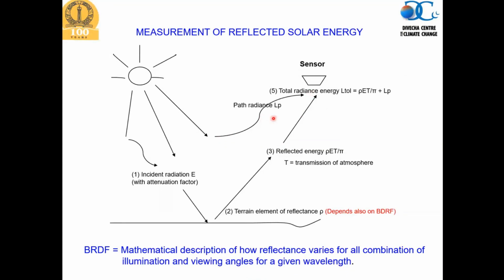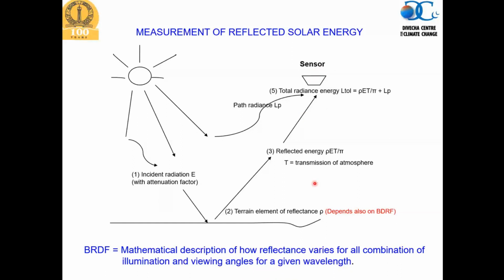So we should have the ability to identify how much path radiance is coming so that we can get the correct reflectance of the surface. Once radiation is incident and falls on the surface, it reflects into the atmosphere, passes through the transmission, and reaches the sensor.